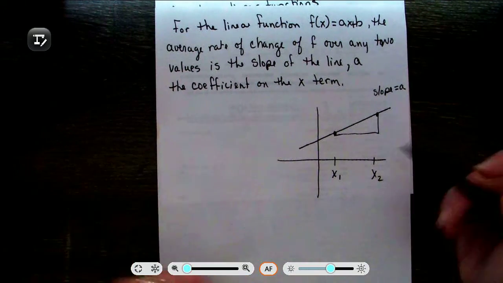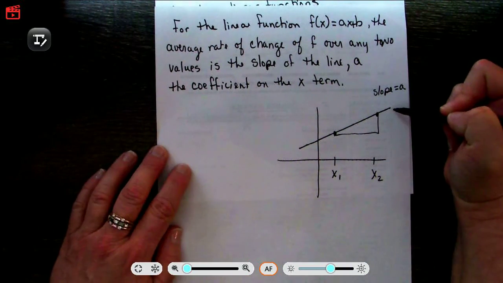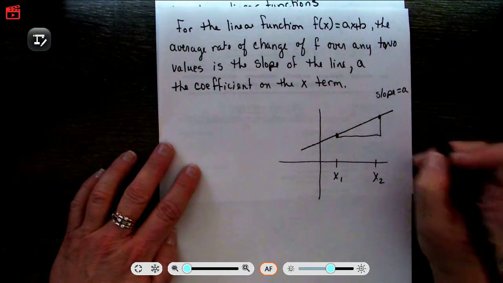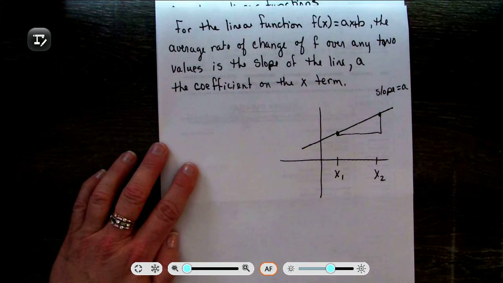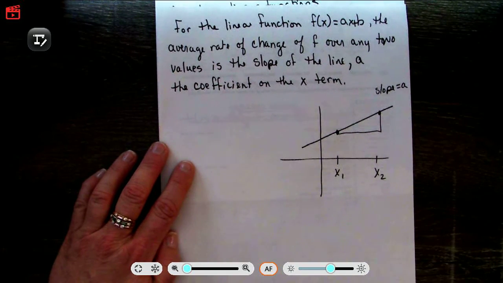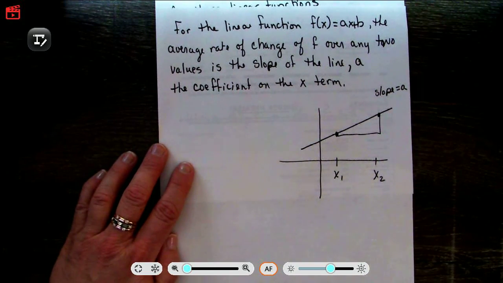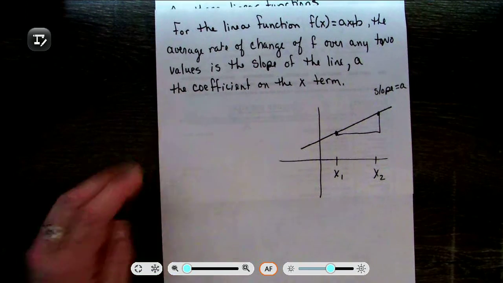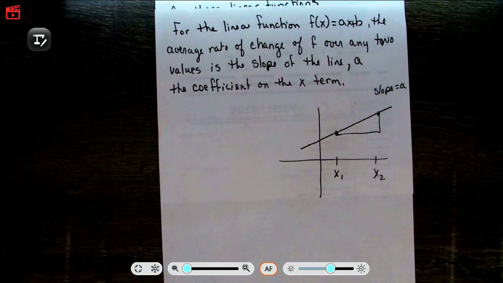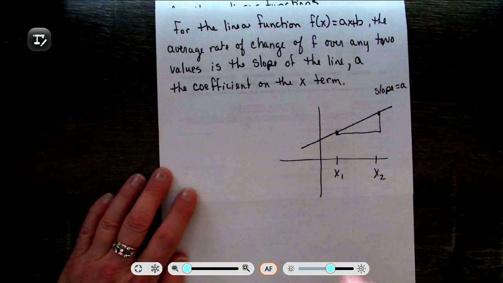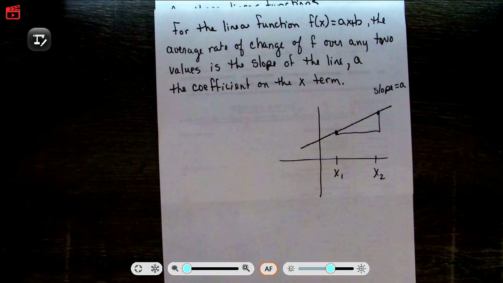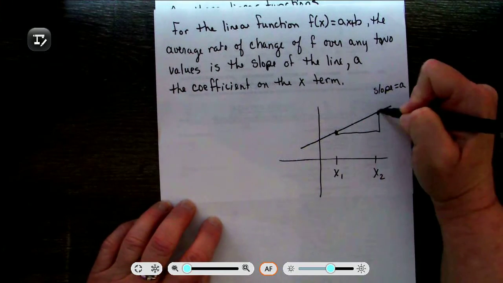So of course, if you have a straight line, the rate of change will be the slope of that straight line. And if you look back to the example we did at the end of the 2.4 video, I did finding the average rate of change of a straight line, and it did turn out to be the slope of that line, because the average rate of change in a function is the slope of the line connecting the two points.